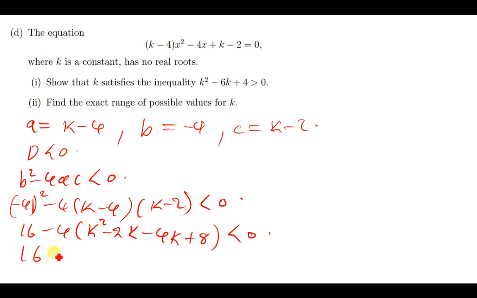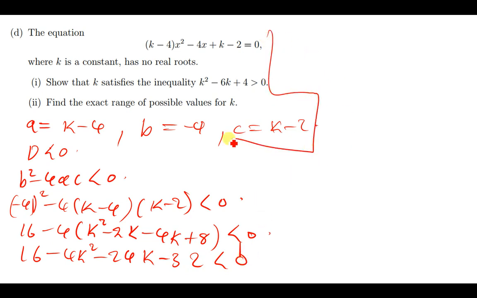So we are going to have negative 4k squared when you simplify this. Negative 2 and negative 4 give you negative 6 times 4, we're getting negative 24k. And then here we have 8 times 4, we're getting negative 32, less than 0. From there we can rearrange it, and we add 16 and negative 32.